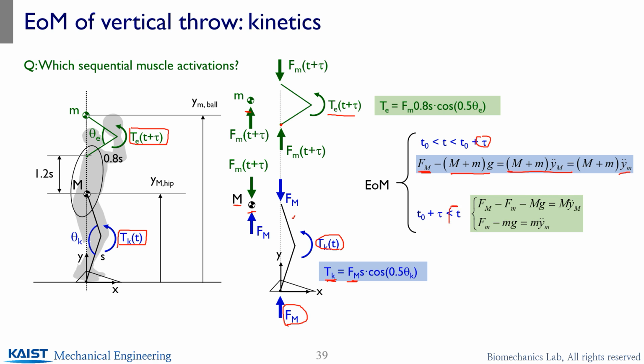When time is greater than t naught plus tau, there are two activations applied, and then the motion of the whole body and the ball are different. The two muscle forces, I mean the forces from the muscle actuations, and gravity will affect the capital mass acceleration, while the elbow joint actuation and gravity will affect the small mass.